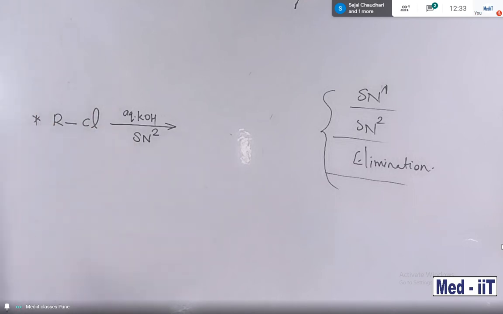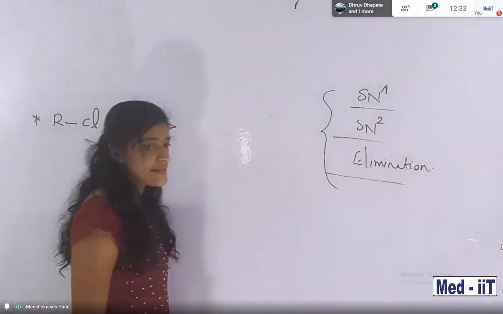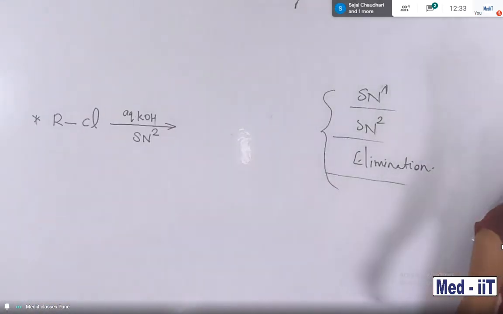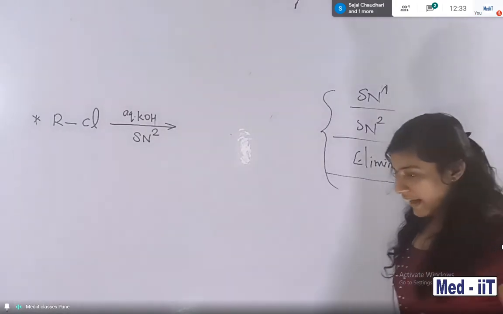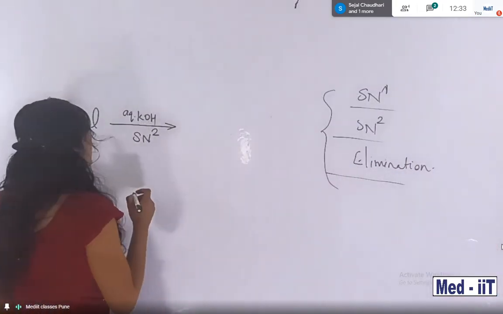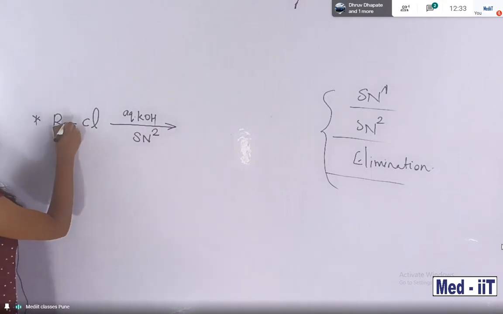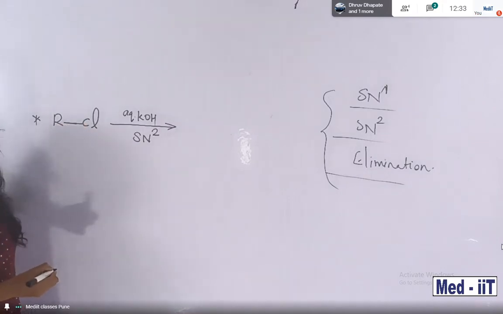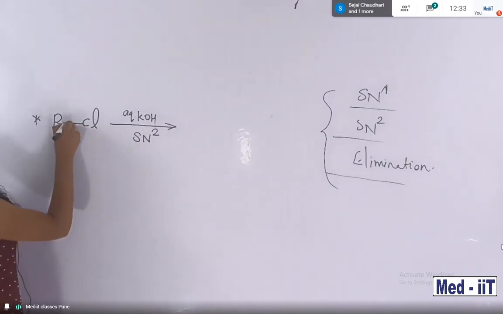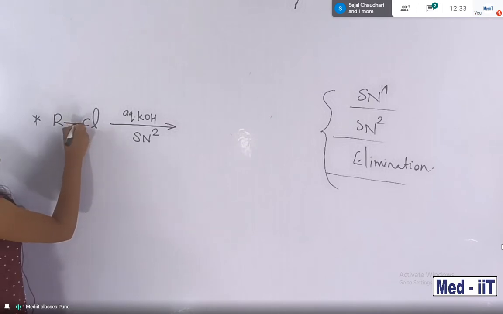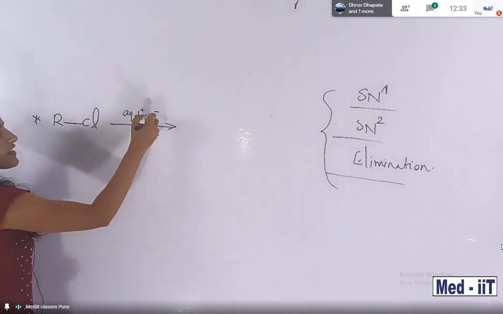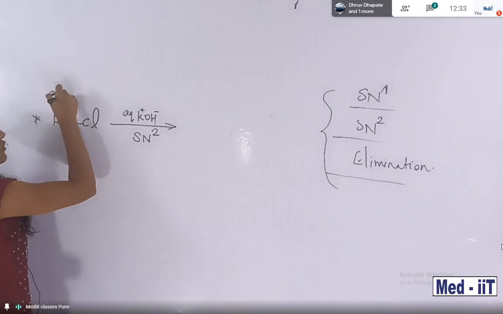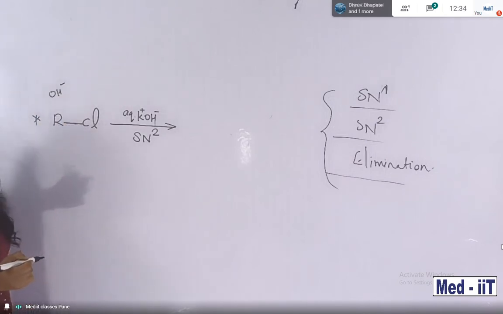SN2 reaction. So what happens, students? Can you guess the product? Here R and Cl form a bond. K plus and OH minus: OH minus is our nucleophile.